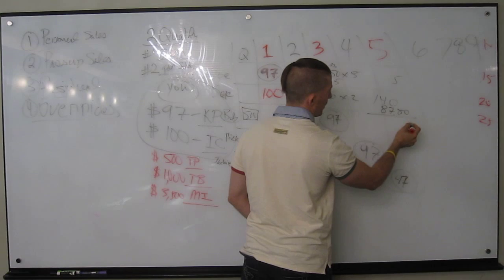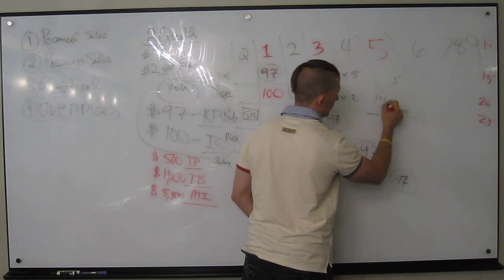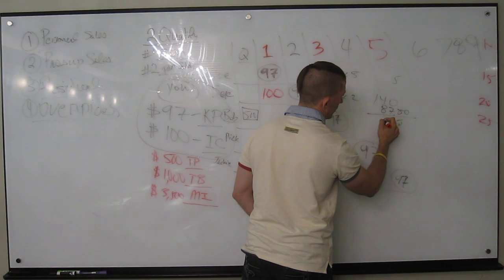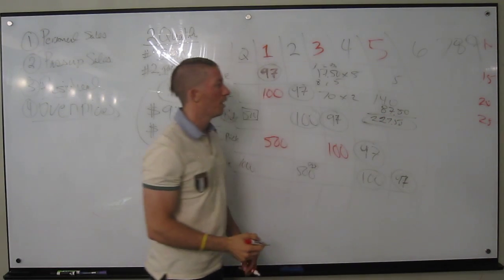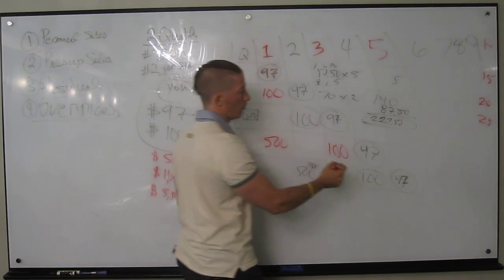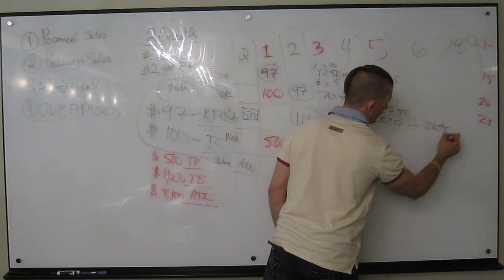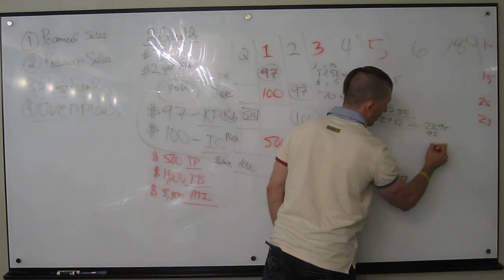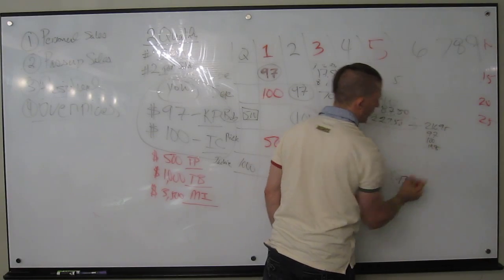So your residual is based off of this. So you got $227.50 coming in a month now, just off of what you have, which basically covers your $216.95. It covers the $97 blog, it covers the $100 inner circle, and it covers your $19.95 to be an affiliate.